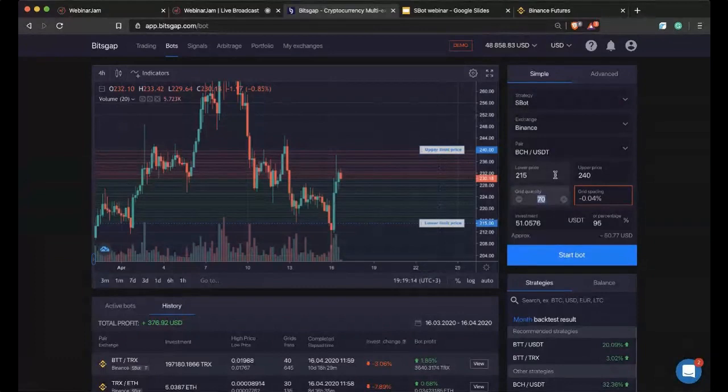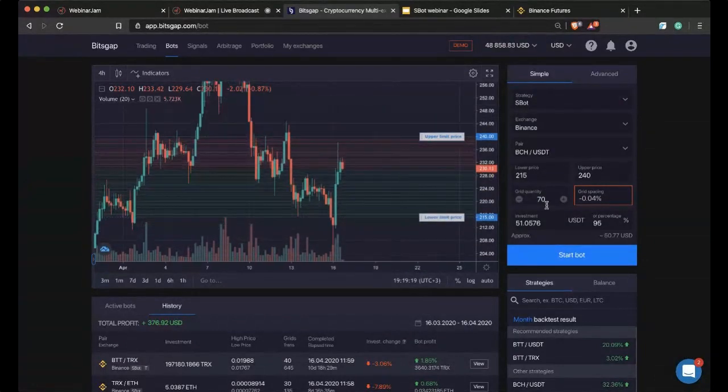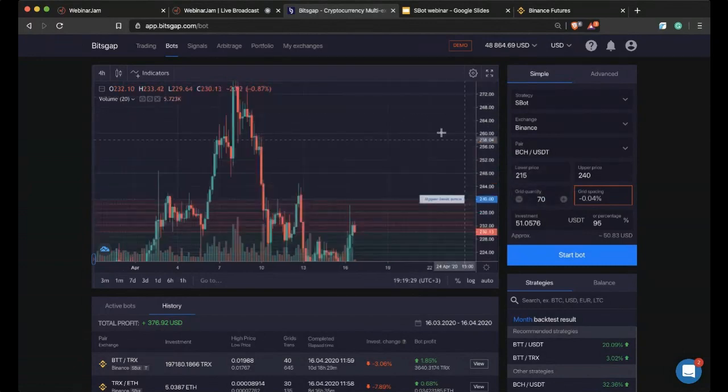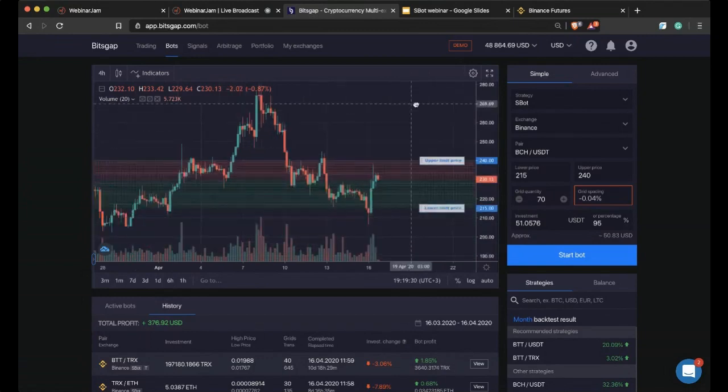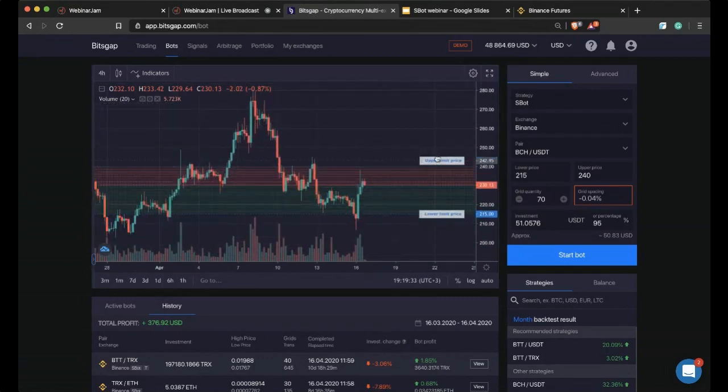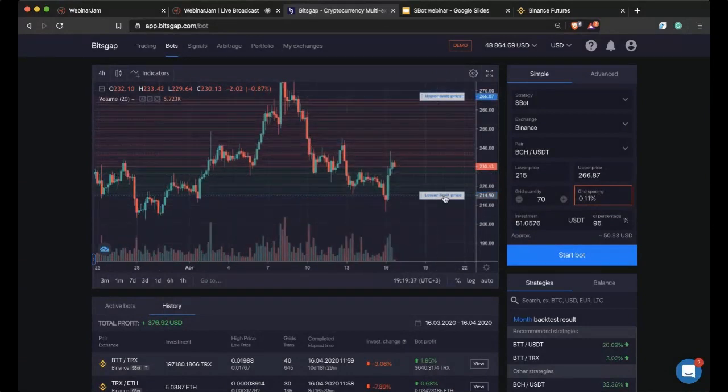Here you can see that you can also adjust the grid quantity. That basically means how many buy and sell orders all combined you will have. So let's say for this particular case, I want to set a wider sell zone and a narrow buy zone.